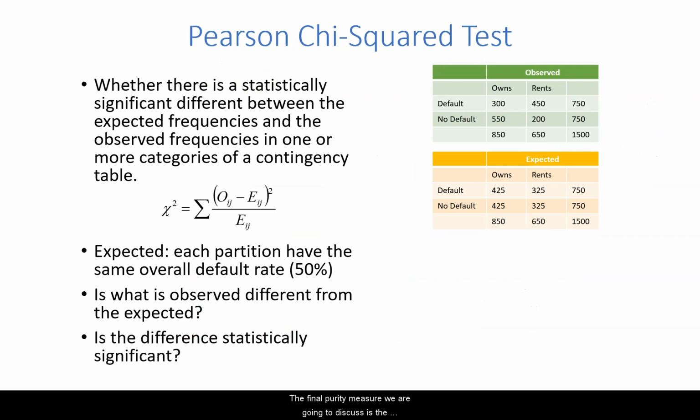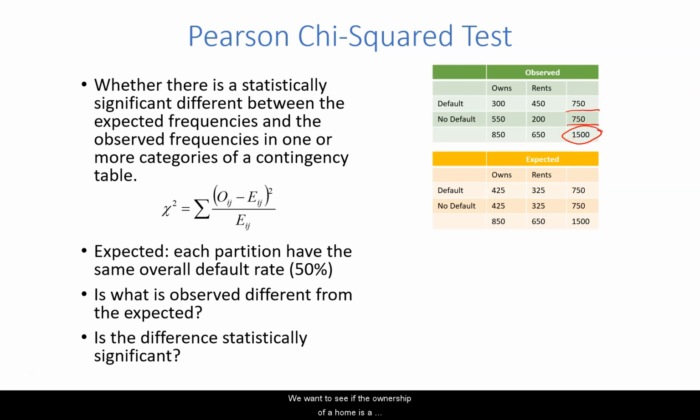tree. The final purity measure that we are going to discuss is the chi-squared test, also called chi-squared test of independence. As the chi-squared test is more interesting to look at using a dataset with more cases, we are going to use a different example than the one we used before. In our example, we have a total of 1,500 cases of personal loan customers, half of which have defaulted on the loan, and half of which did not default on the loan.